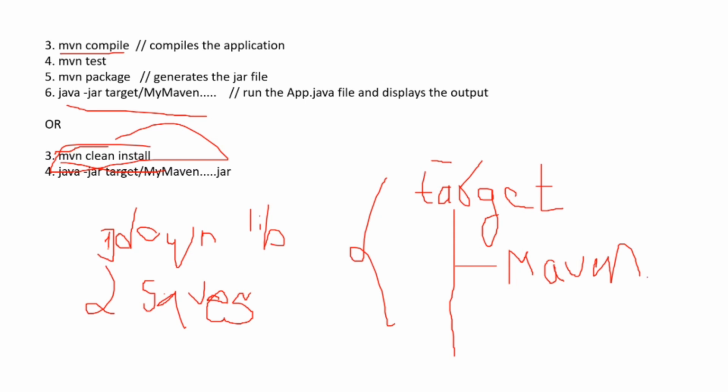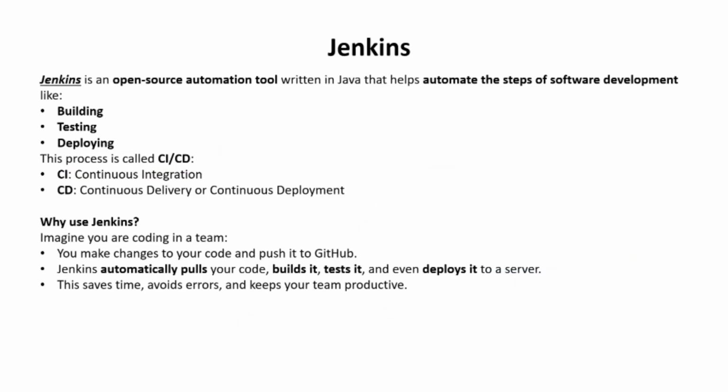Next we are going to see what a Jenkinsfile is. Jenkins is an open source automation tool written in Java that helps automate the steps of software development, build, and so on.